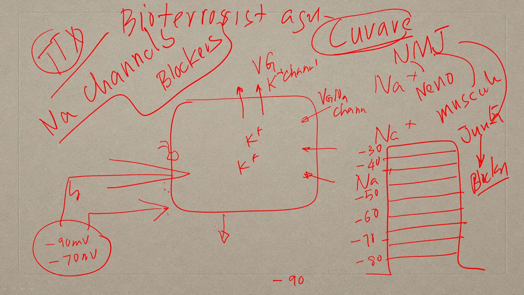You could have cells only with sodium channels, or cells only with potassium channels, because you could manipulate the DNA and express them in some other species or some other cell types, and you can study these channels, because these channels are the real sensor elements.